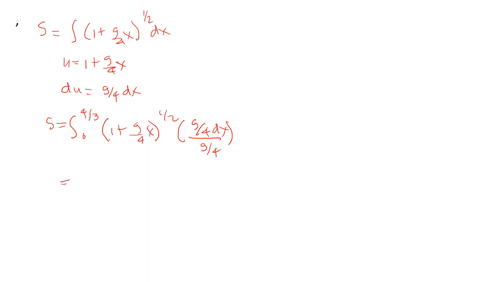So equals 4 over 9 times 2 over 3 times 1 plus 9 over 4 x to the power 3 over 2, then you have 4 thirds.